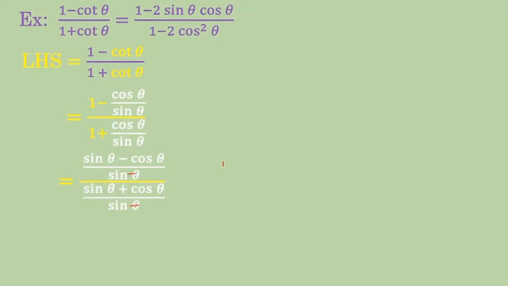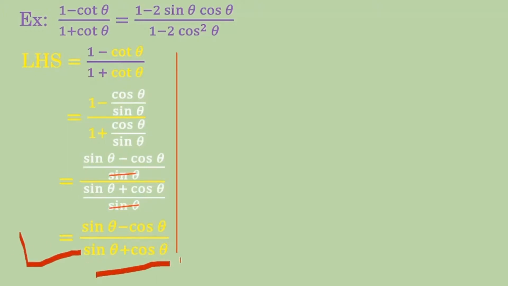Here sin theta cancels out, leaving us with LHS equal to sin theta minus cos theta upon sin theta plus cos theta.